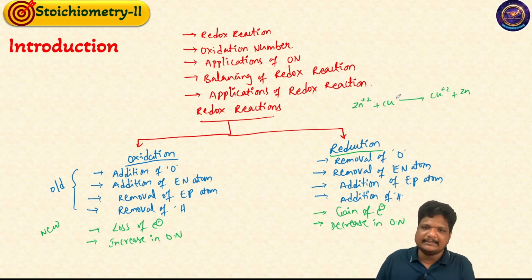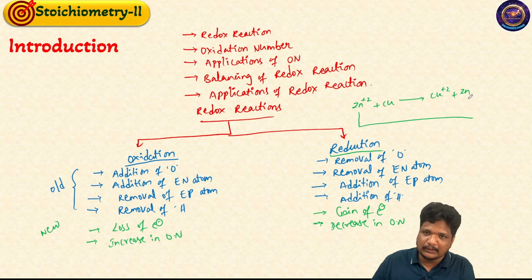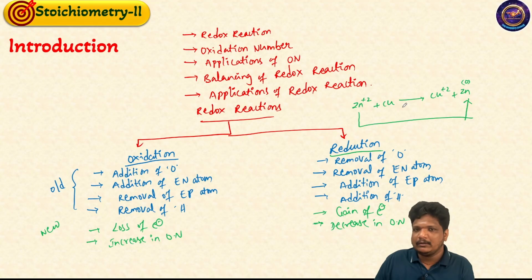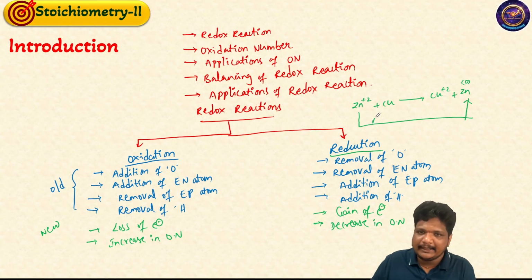Here zinc in the plus 2 oxidation state is converted into zinc in the 0 oxidation state, so zinc ions get converted into zinc atoms. From plus 2 to 0, there is a decrease in oxidation number, which is a reduction reaction as per the definition.